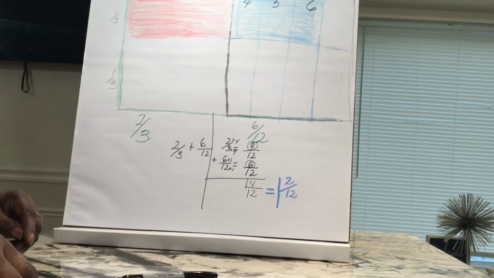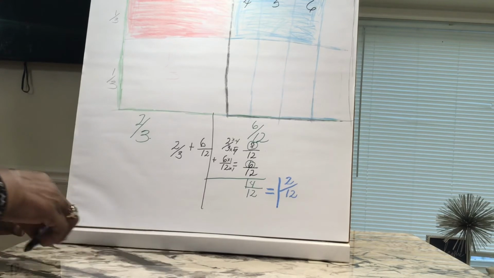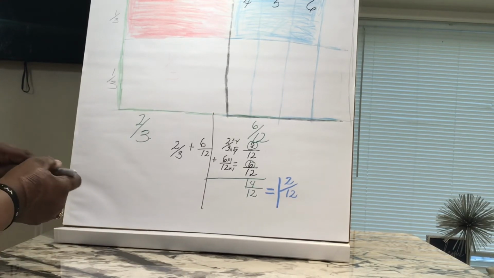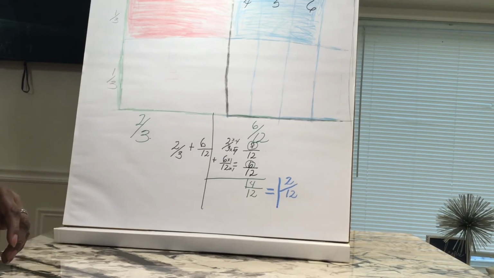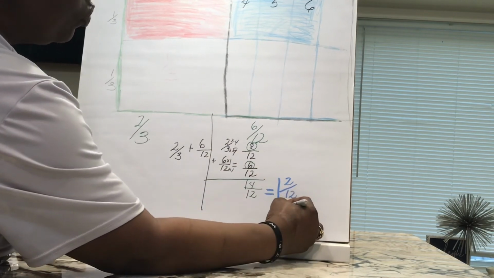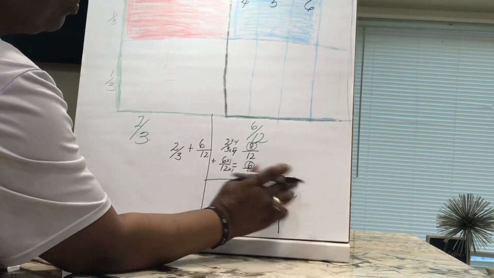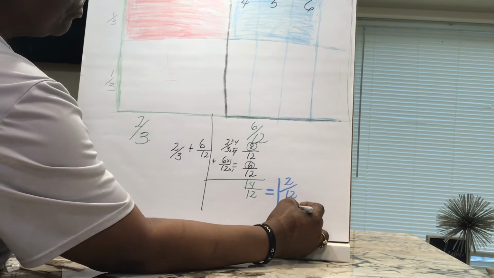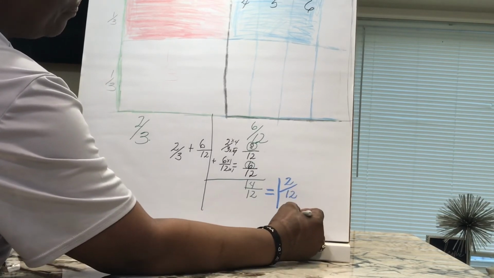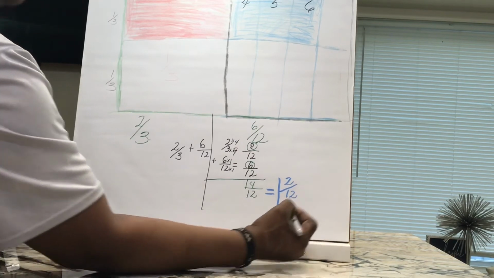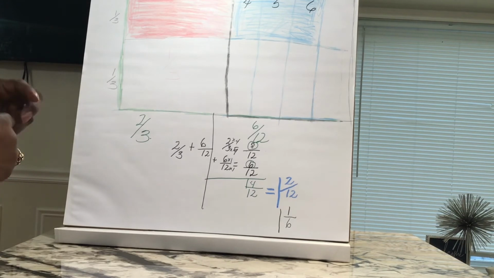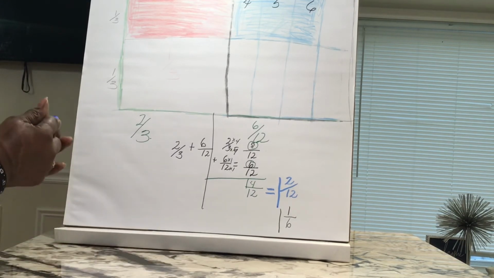What's the common factor that 2 and 12 have in common? 2 and 12 have a common factor of 2, which means I can factor out 2. How many 2s can I take out of 2? 1. And how many 2s can I take out of 12? 6.